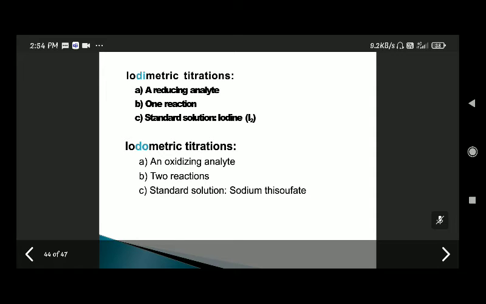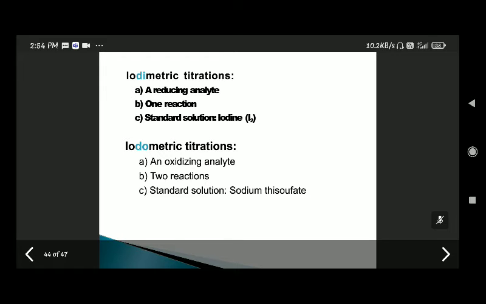Similarly, for potassium permanganate, if you want to find out the equivalent weight of an oxidizing or reducing agent, how do you find it out? In terms of the number of electrons gained or lost.